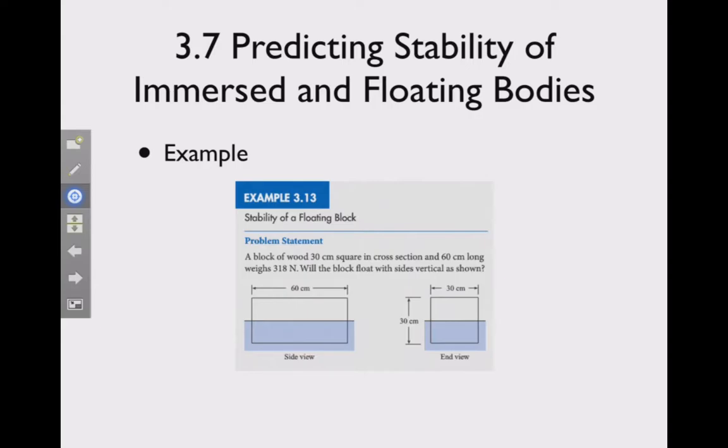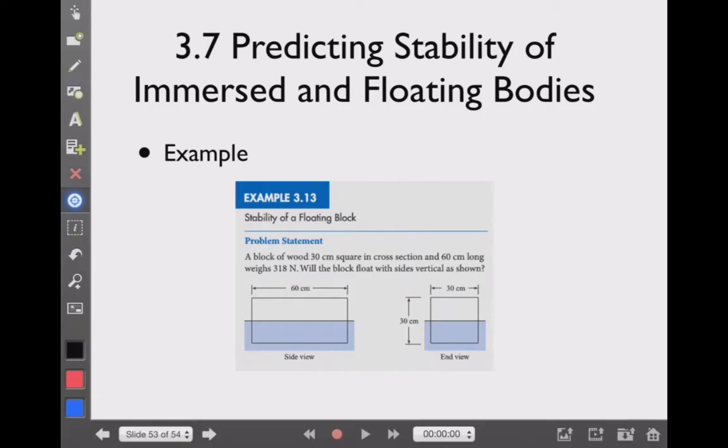The way that we are going to go about this is basically two steps. We need to apply force equilibrium, basically the buoyant force, to determine the depth of submersion of the object.